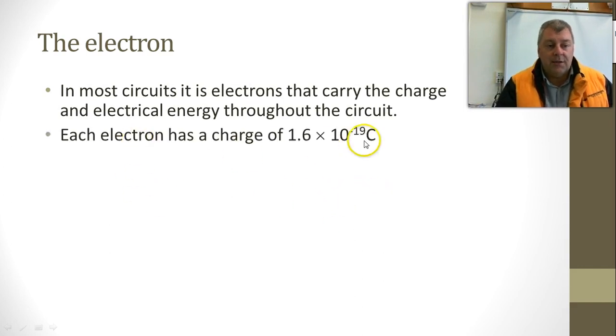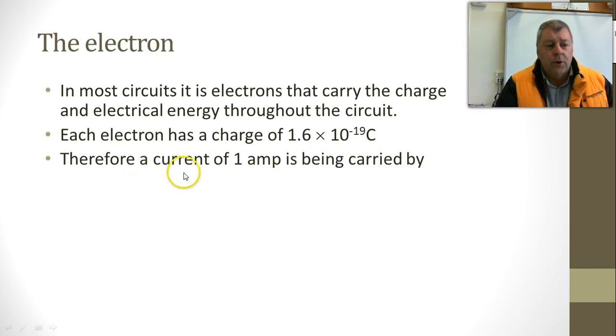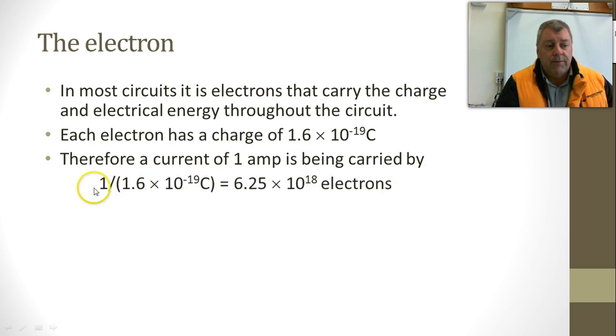Now each electron has this amount of charge, which is 1.6 times by 10 to the minus 19 coulombs, which is a very small number, but there's a lot of electrons. So it carries a little bit, but there's a lot of them flowing, and that's why you can get huge currents. Therefore, a current of 1 amp is being carried by, remember that 1 amp is 1 coulomb per second, so if we divide the 1 coulomb by the charge of 1 electron, this gives us the number of electrons that is carrying that charge, or that current.